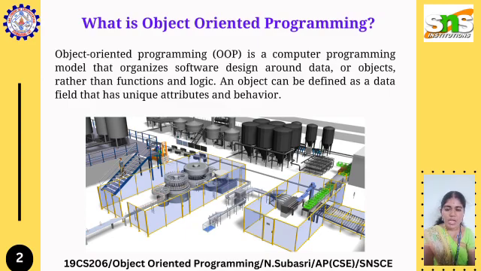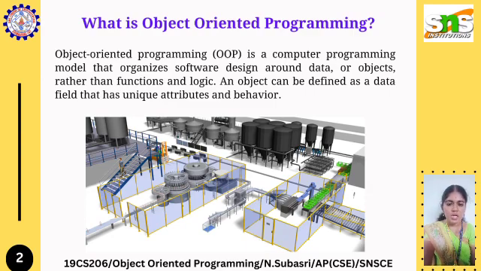An object can be defined as a data field that has unique attributes and unique behavior. This OOPS concept mainly focuses on the objects that the developer wants to manipulate rather than the logic required to manipulate them.